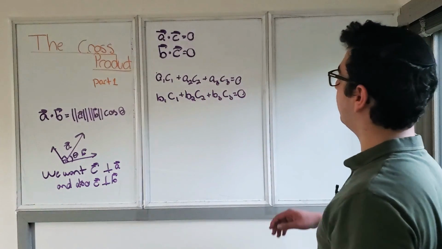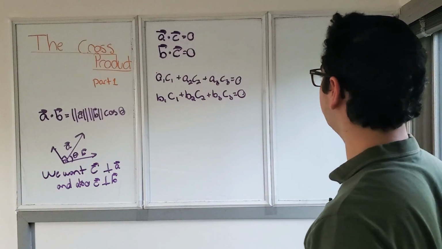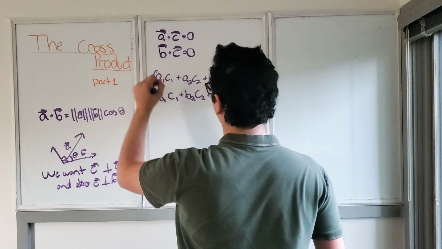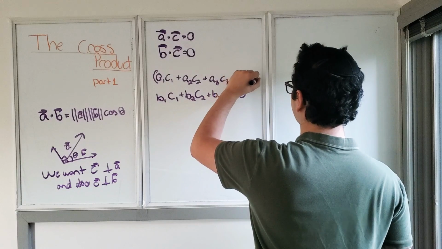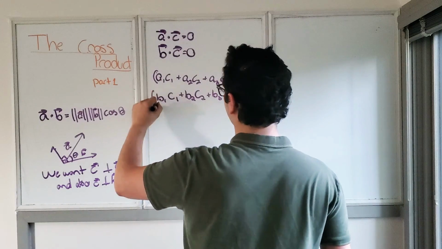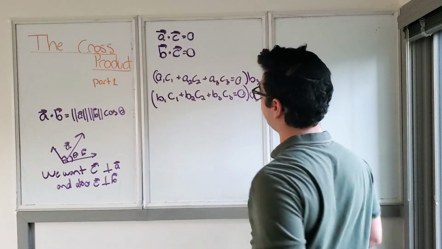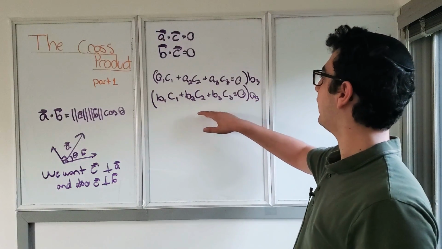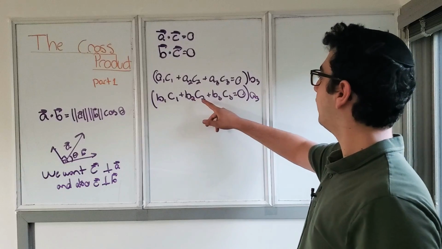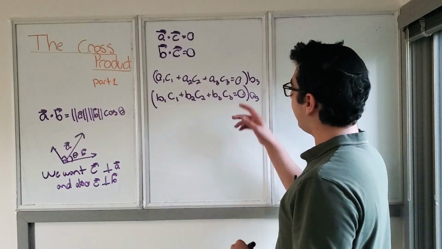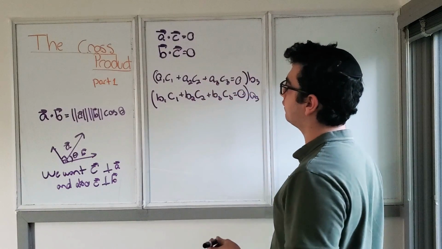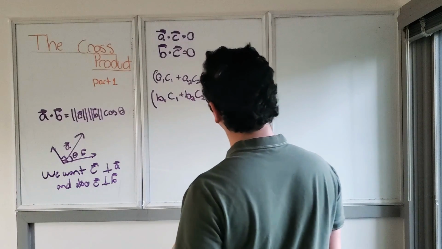And now I'm going to go ahead and do some fancy manipulation with this. I'm going to multiply this by B3 and this by A3. Basically what I'm trying to do here is solve for C1, C2, and C3. Right now I'm going to cancel out the C3 by doing that and solve for C1 and C2.